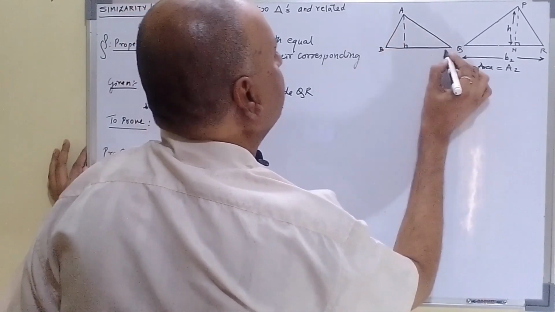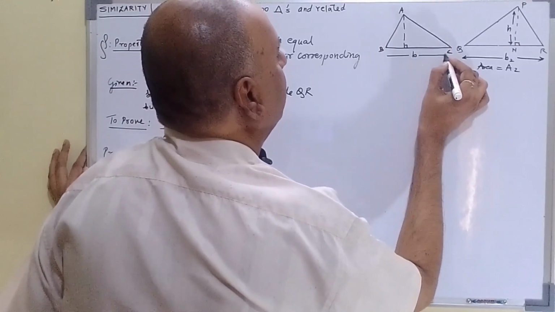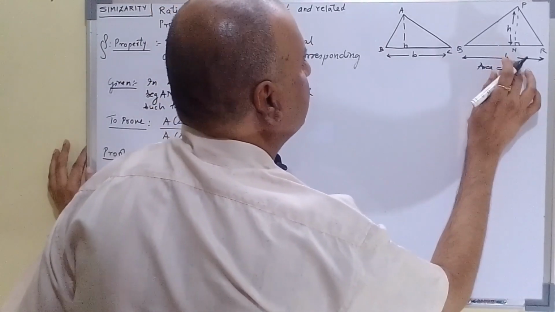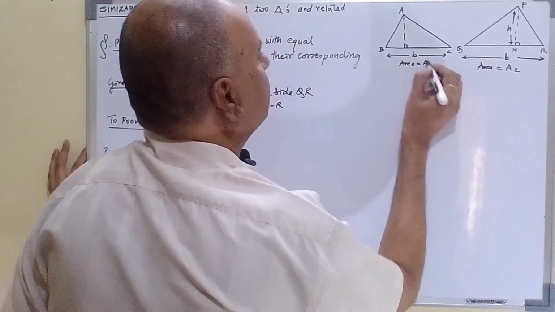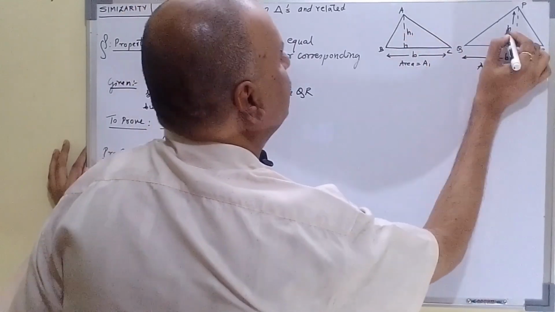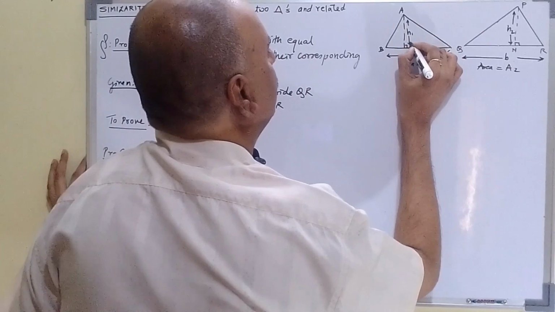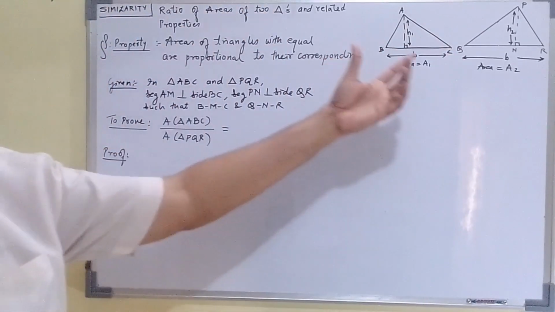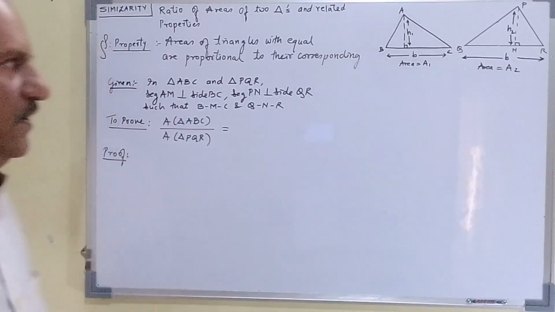A, B, C. This is your base. Base is going to be the same. Area of this triangle is A1, height is H1, and this is H2. So heights are now going to be changed, but the base of both triangles is going to be equal.